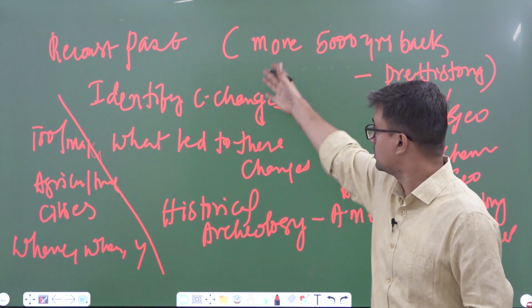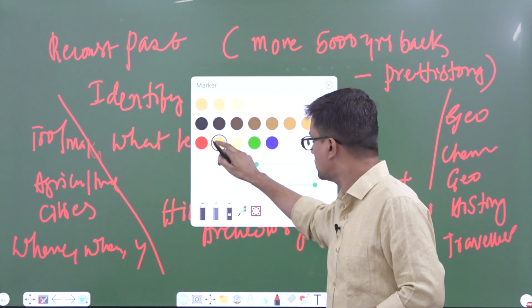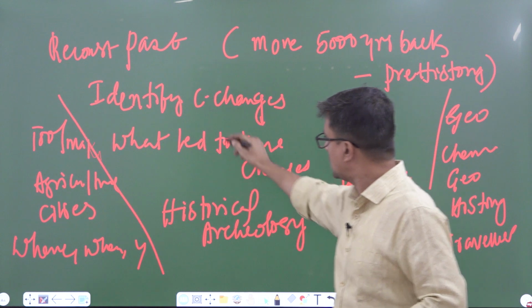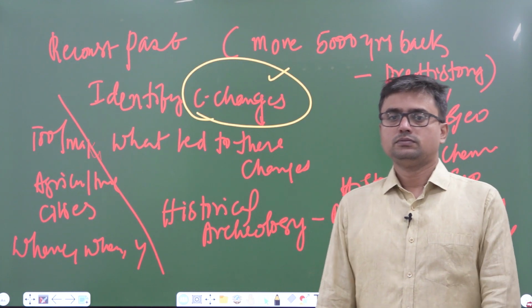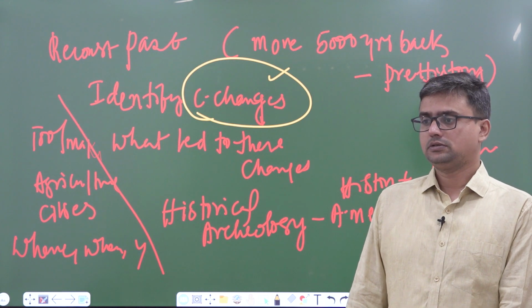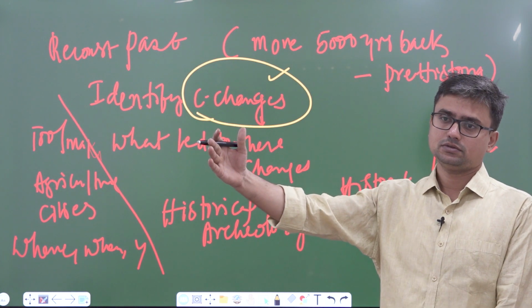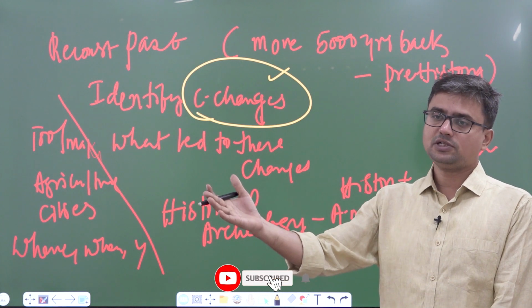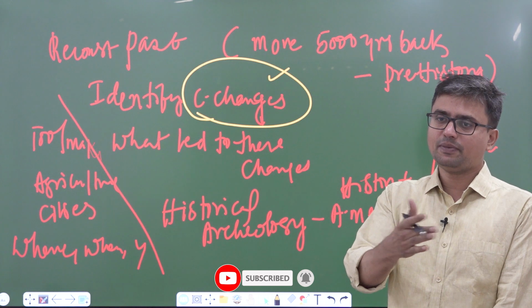Do you see cultural evolution or any other word being used here? What led to changes? Cultural changes. That is emergence and evolution. Physical anthropology, biological anthropology will be dealing with biological evolution.